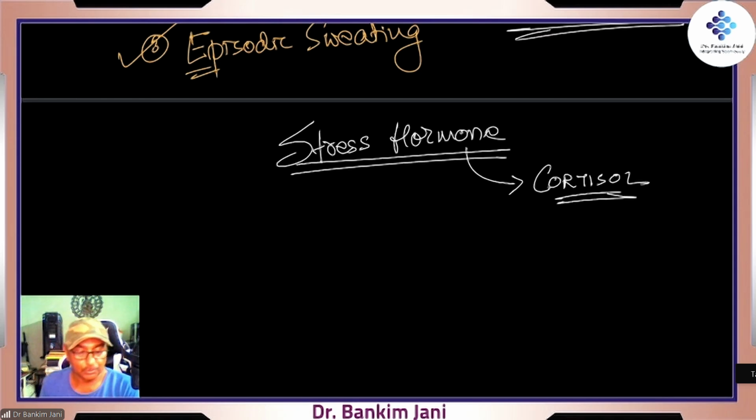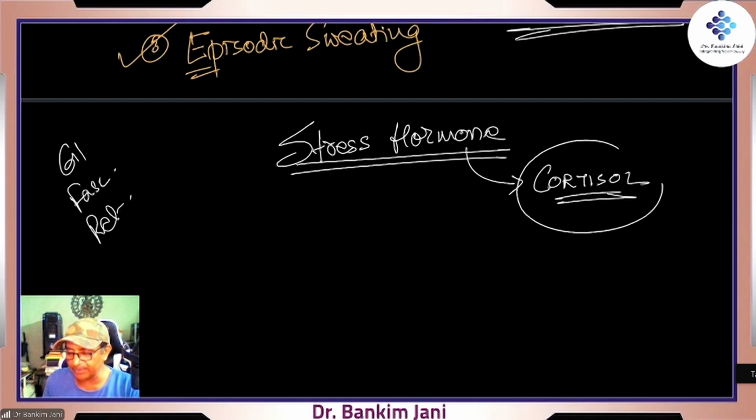Whether it is in glomerulosa, fasciculata, or reticularis, right, cortex, medulla, a tumor can occur anywhere. So when these cortisol-releasing tumors occur, that will lead to increasing cortisol, and that can cause so many complications.